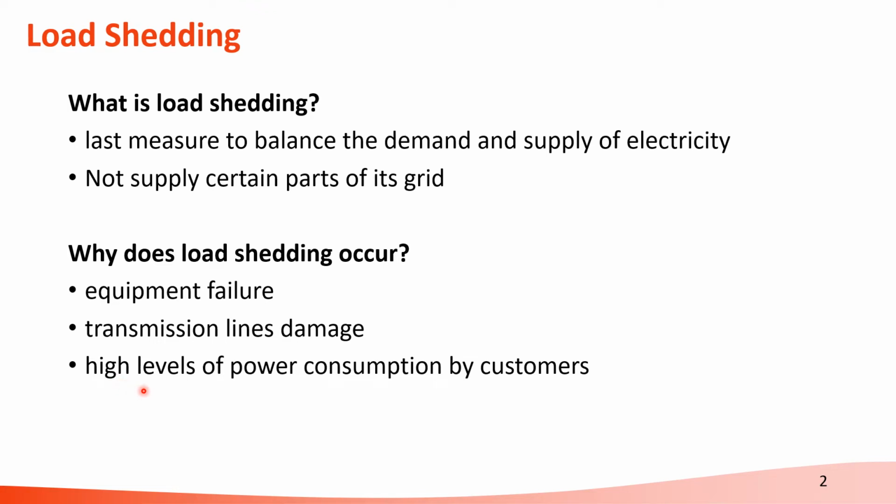The heat wave may cause high levels of power consumption by the customers, because when the customers feel hot inside their home, they will try to turn on the air conditioning. When everyone tries to turn on the air conditioning system, the power consumption will rise very rapidly. So the power company cannot meet the increased electricity consumption. Load shedding may occur at this time as well.